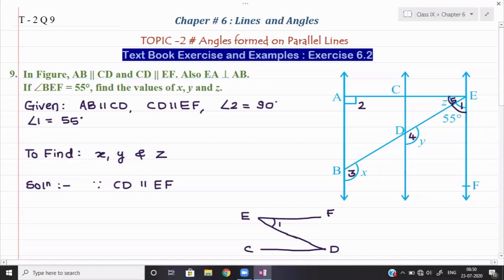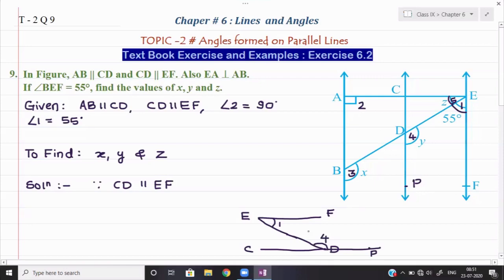Suppose this point I give the name as point P, so EDP is my angle number 4. We extend this point D up till somewhere, here we can suppose point P, and this is where angle number 4 is going to form. Please see it carefully.